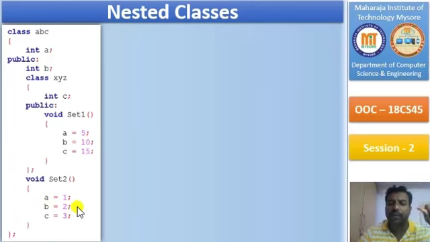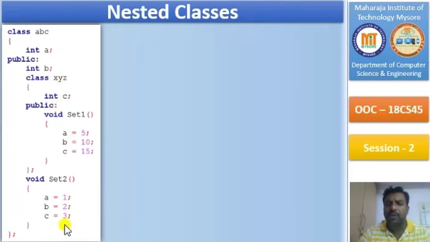Now void set2 is not a member function of XYZ, because we have completed the definition of the class before void set2. Hence void set2 is a member function of ABC, and set1 is a member function of XYZ. And observe again, in the void set2 function, I'm going to have A equals 1, B equals 2, and C equals 3. So A and B are members of ABC, and C is a member of the nested class XYZ.